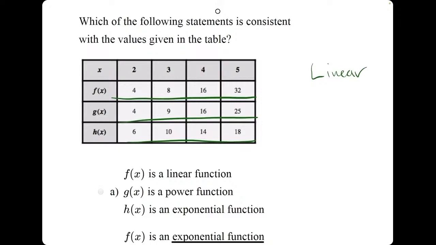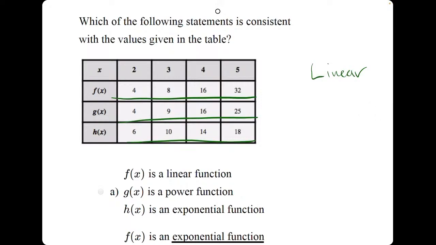So we could assume that f is linear, and we'd say from 4 to 8, we would add 4. And then would we still add 4 to get from 8 to 16? 8 plus 4 is only 12, so that would not get us to 16. So f, for example, cannot be linear.